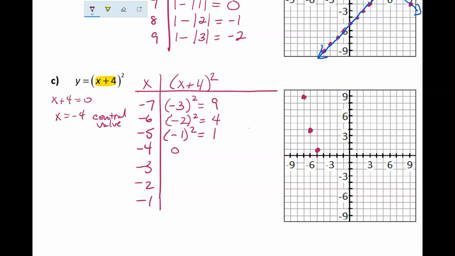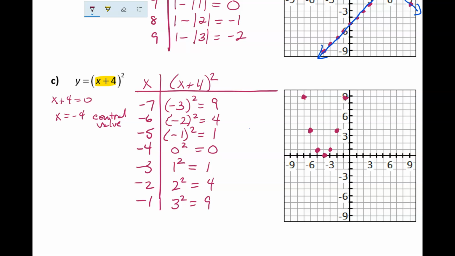Negative 4 plus 4 is 0. 0 squared is 0. So negative 4 comma 0. And negative 3 plus 4 is 1. So that gives me 1 squared, which is 1. Negative 2 plus 4 is 2. 2 squared is 4. And negative 1 plus 4 is 3. 3 squared is 9.